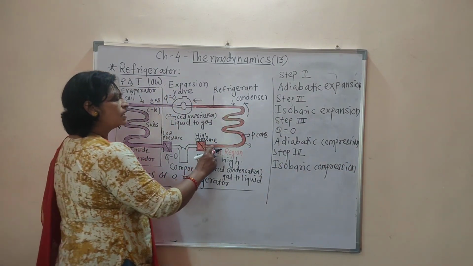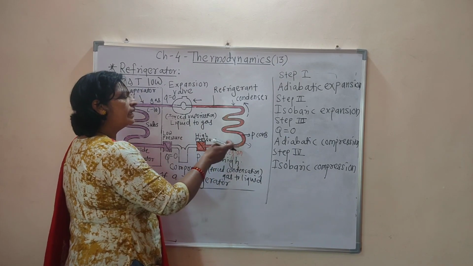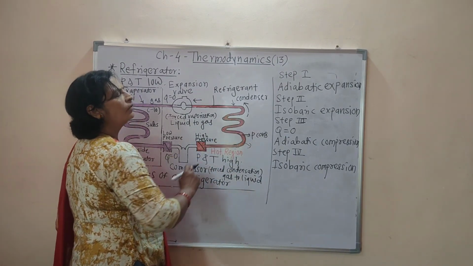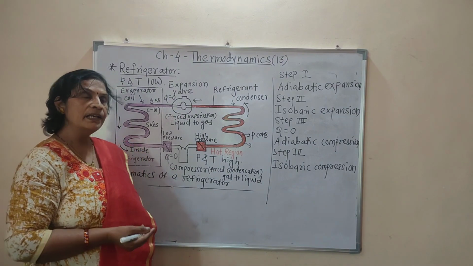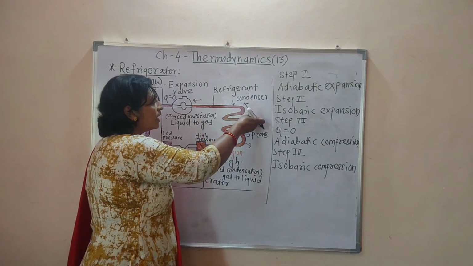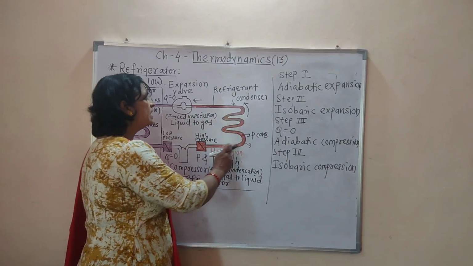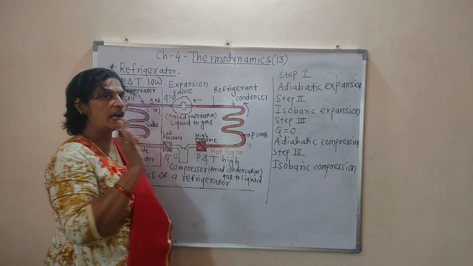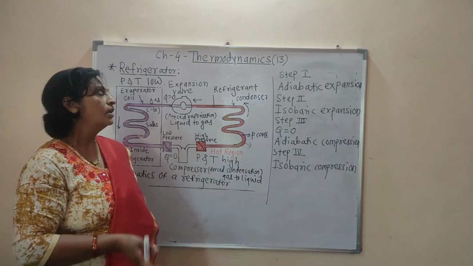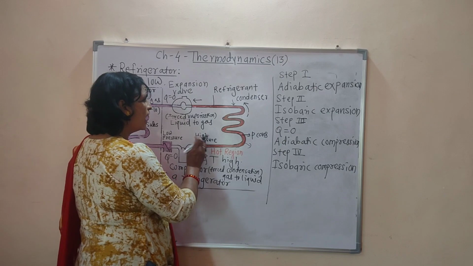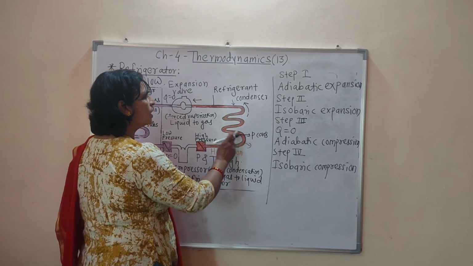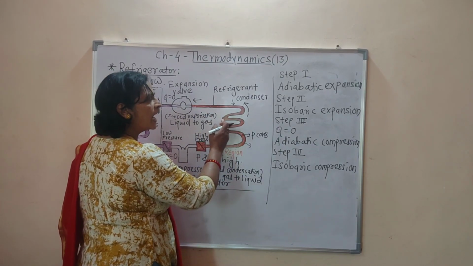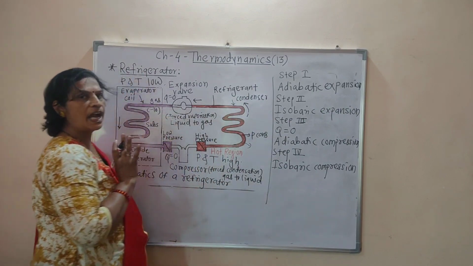If the temperature of this liquid is less than the surrounding temperature, then what happens? Heat transfers from the surrounding to the refrigerant, and this liquid becomes hotter, and that is not useful. For that purpose we have to increase the temperature of this liquid so that heat is rejected to the atmosphere.